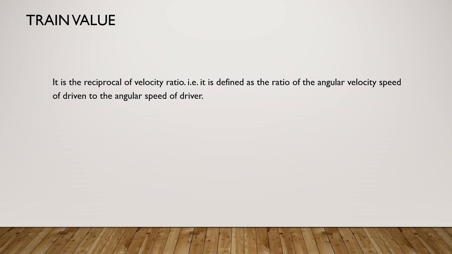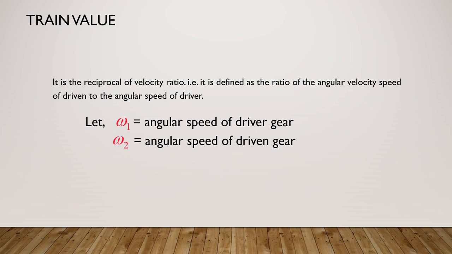Mathematically, if omega 1 and omega 2 are the angular speeds of the driver gear and driven gear, the train value TV will be omega 2 by omega 1. Again substituting 2 pi n by 60, remaining will be n2 by n1. So velocity ratio is omega 1 by omega 2 or n1 by n2, and train value is omega 2 by omega 1 or n2 by n1.